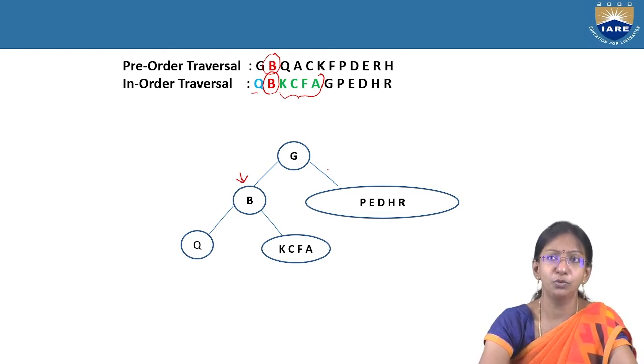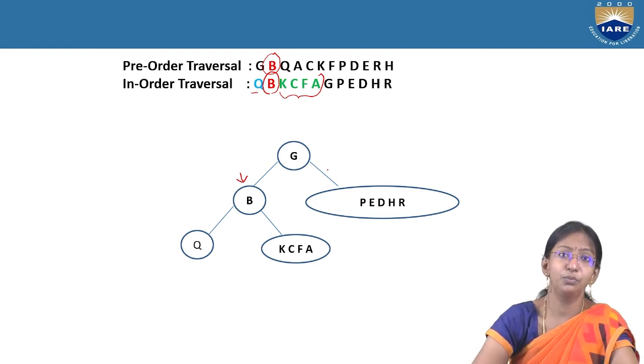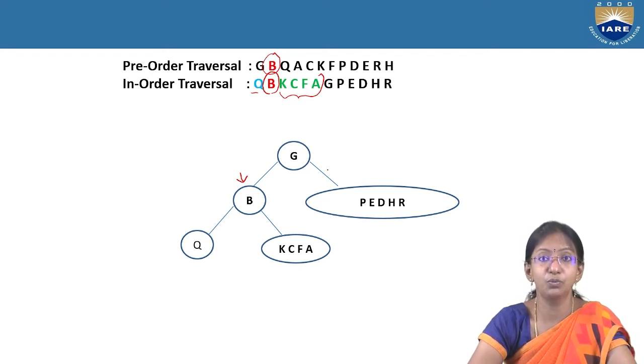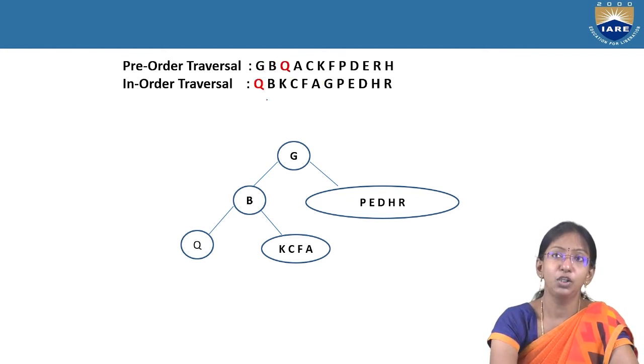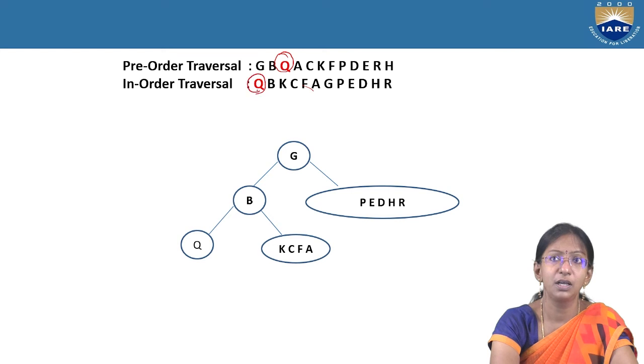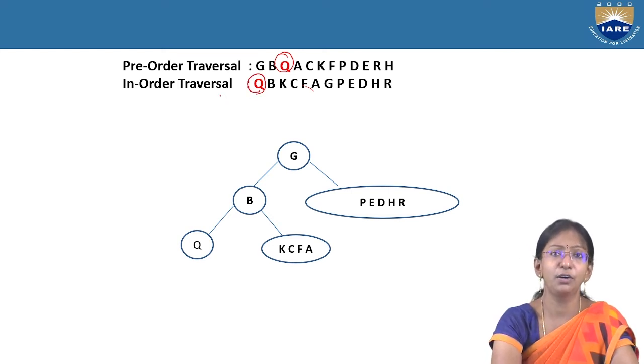Okay, so let's move further. We always take a step from one to the other. We need to go through the next element in the pre-order, because pre-order decides what will be the root, right? Let's do that. The next element in your pre-order is Q. Where is Q sitting? Q is over here. Are there any elements left on the left side of Q?